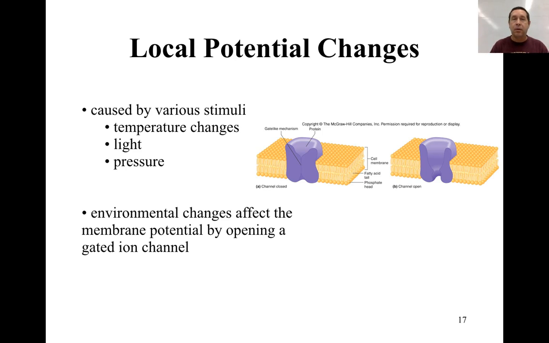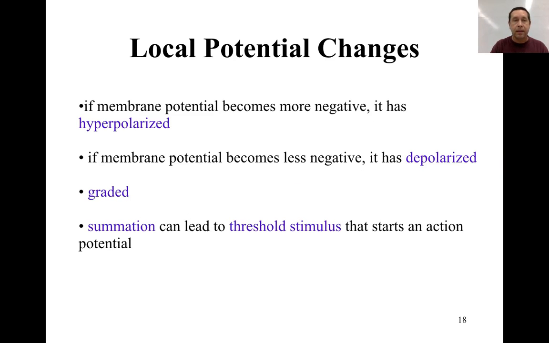So we have what we call local potential changes that occur in the cell, and they're caused by various stimuli: temperature, light, pressure, etc. When the environment changes either inside or outside the cell, it affects the membrane potential by opening gated ion channels, which will allow ions to flow through.